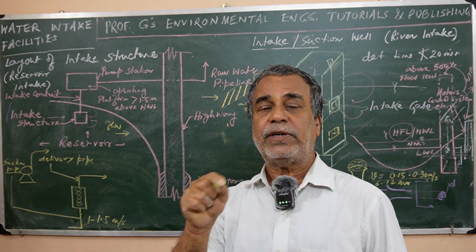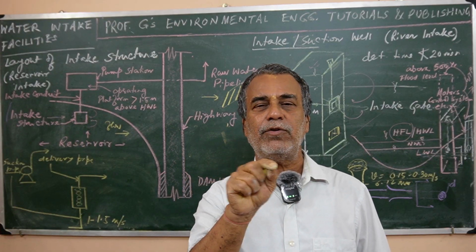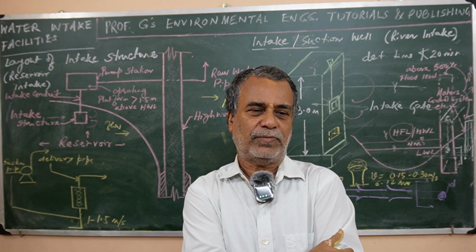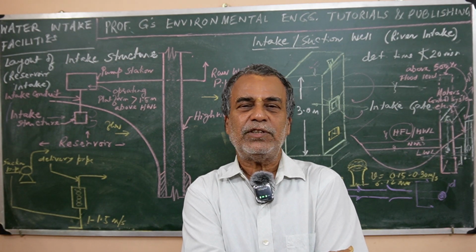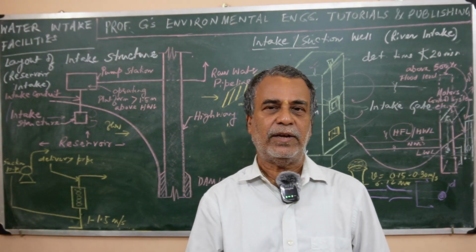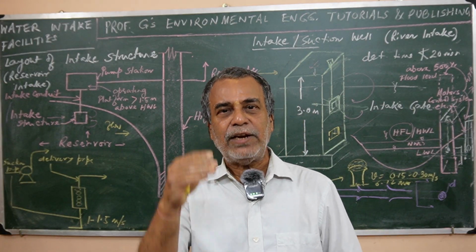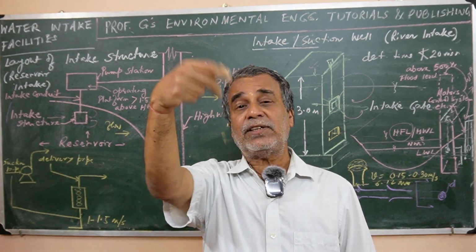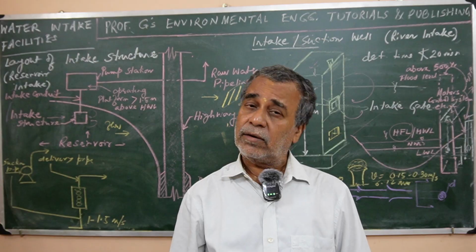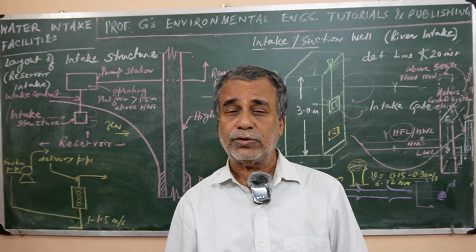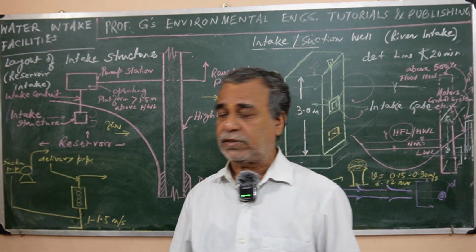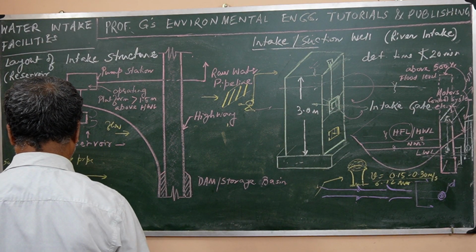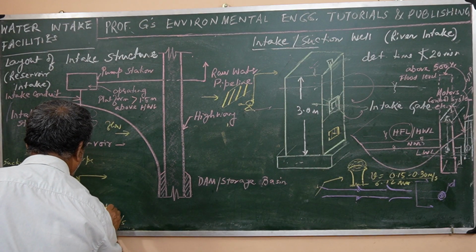If you get a diameter of, say, 11 centimeter or 17 centimeter, you can't get that; you get 10, 15, 20 like that. So the nearest higher diameter is normally selected, unless otherwise stated, as I have discussed earlier. This is the velocity through the suction pipe.